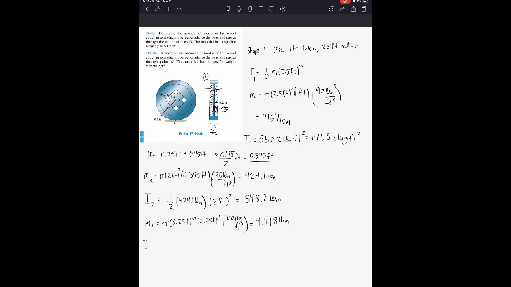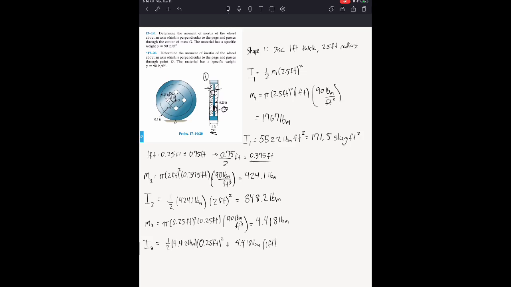And that means that their moment of inertia is equal to 1/2 mr squared, which is 4.418 pounds mass, times their radius, which is 0.25 feet, squared. Then I have to add the parallel axis theorem term, which is their mass, 4.418 pounds mass, times the distance between their center and the overall center, which is this distance here, 1 foot.